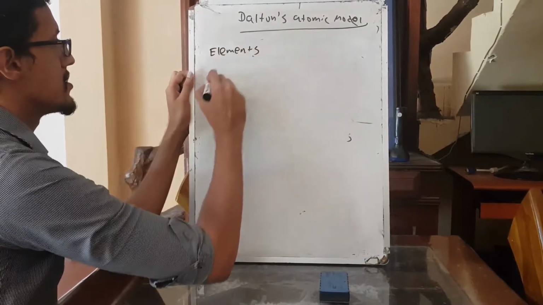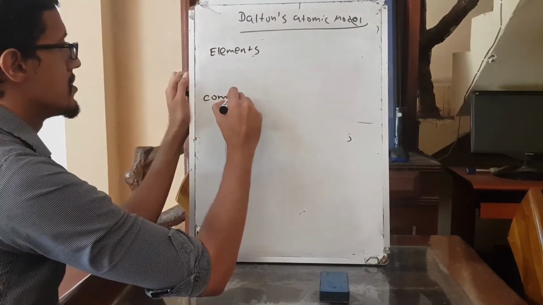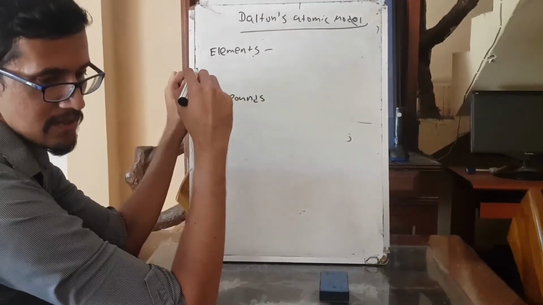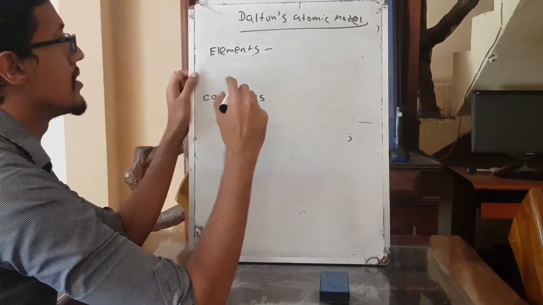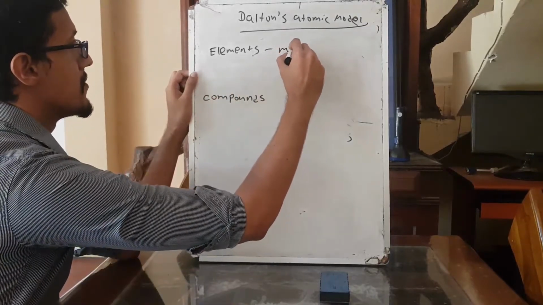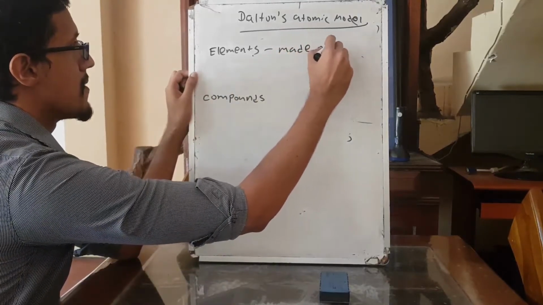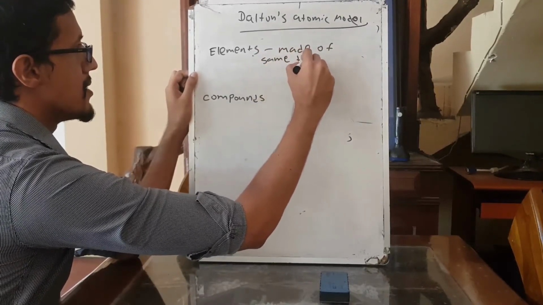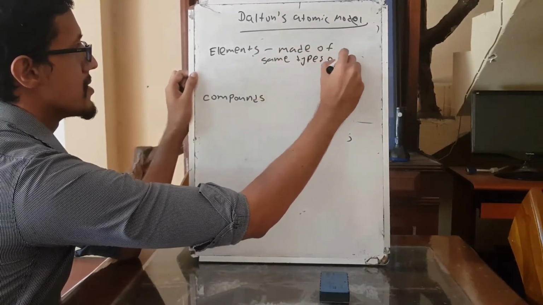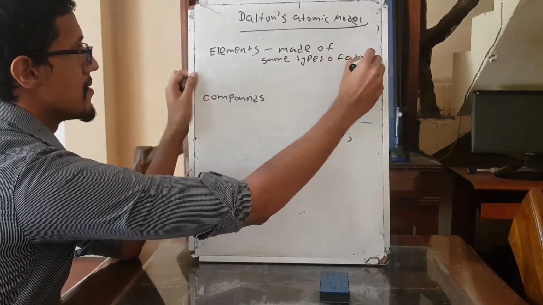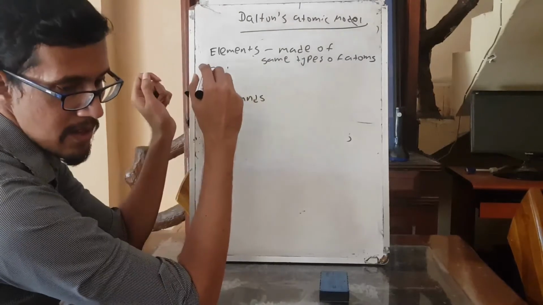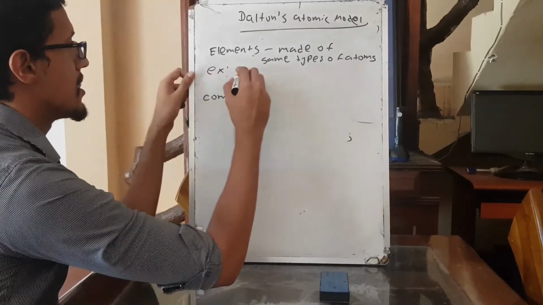So elements and compounds. Elements are made of the same type of atoms.